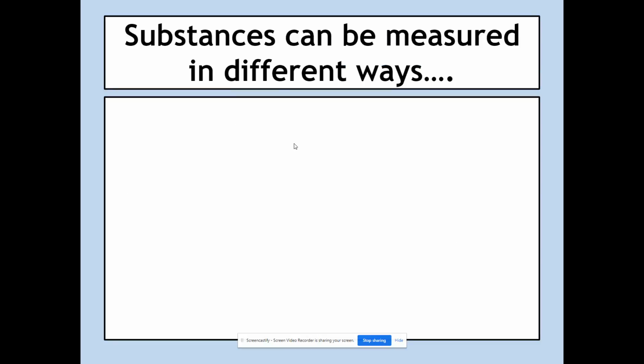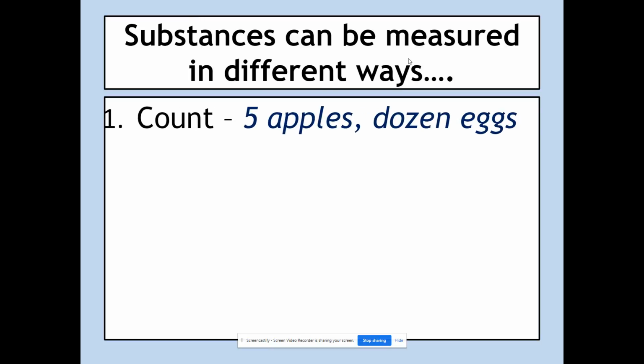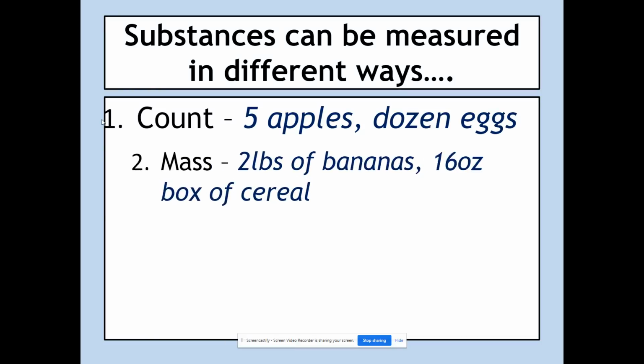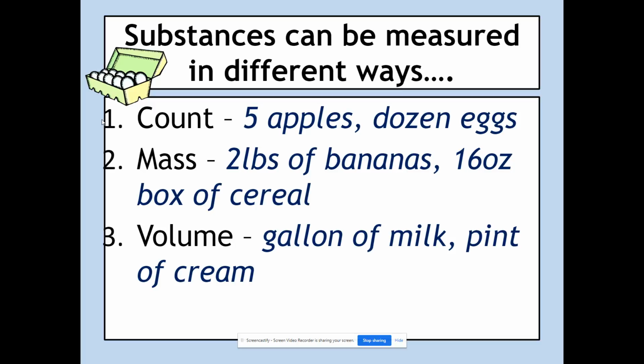So, let's review. We want to talk about how substances can be measured in different ways, as a review, and you learned about this in your Intro to Moles guided practice that you completed last week. If we want to count something, there are a couple of ways that we can do it. We can count the number of something, right?